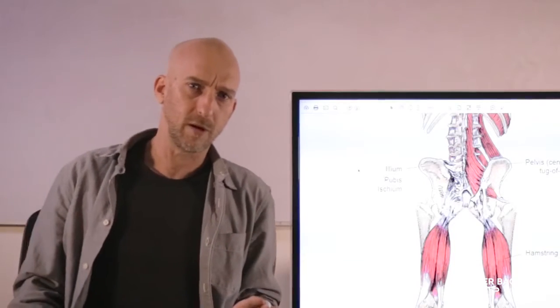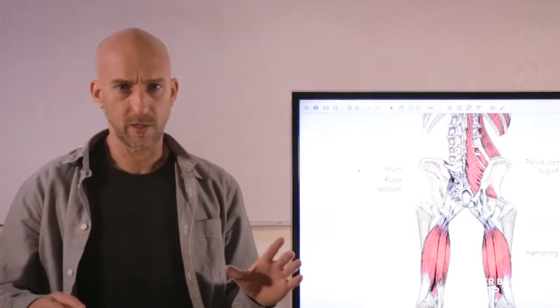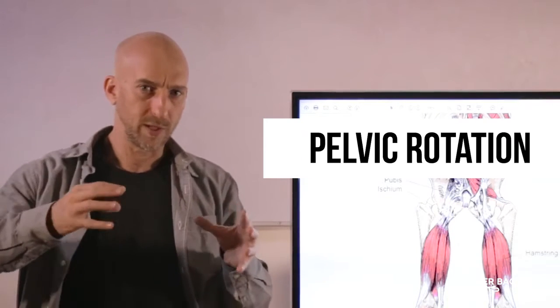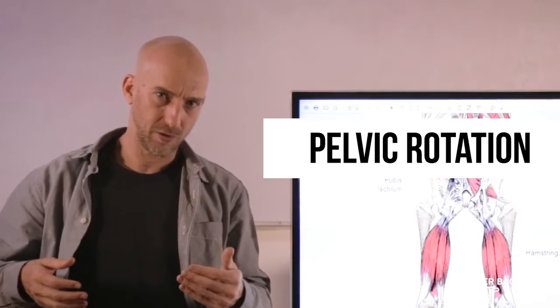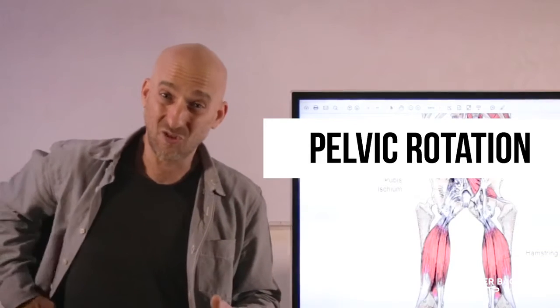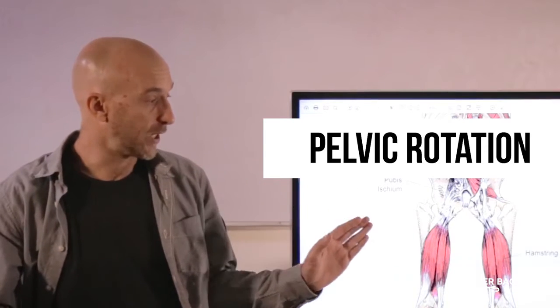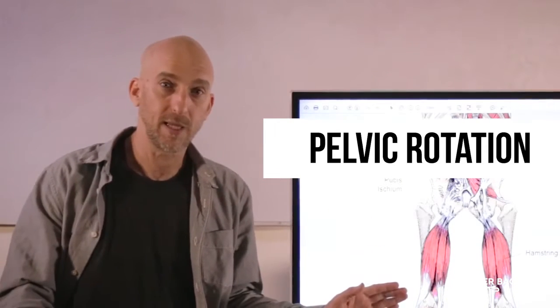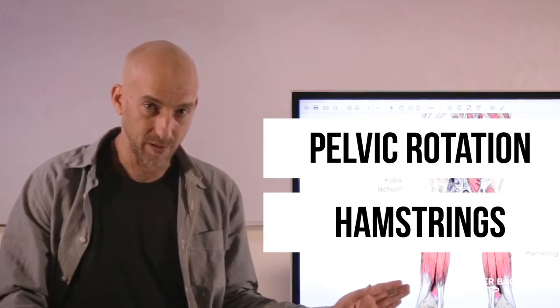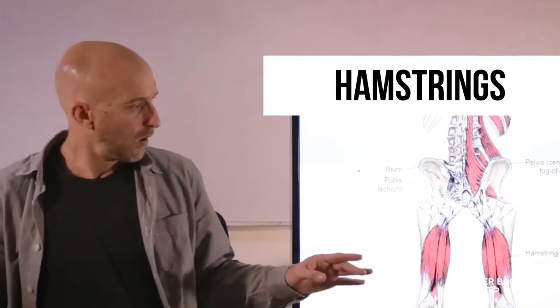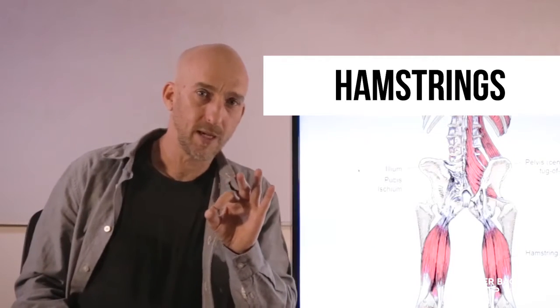One of the things you're going to be learning very soon is about pelvic rotation, and how pelvic rotation is kind of the key to whether or not you're putting stress or strain into the lower back. Well, pelvic rotation is going to be completely determined by hamstring. So let's talk about the hamstrings first. You have three hamstrings.